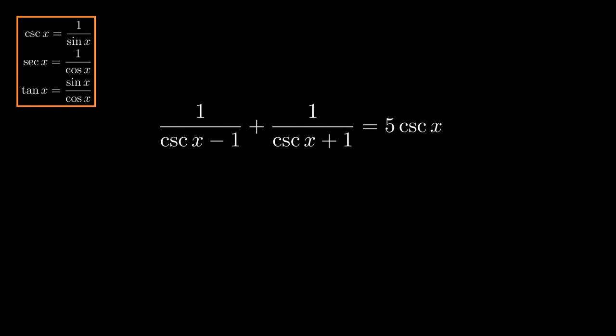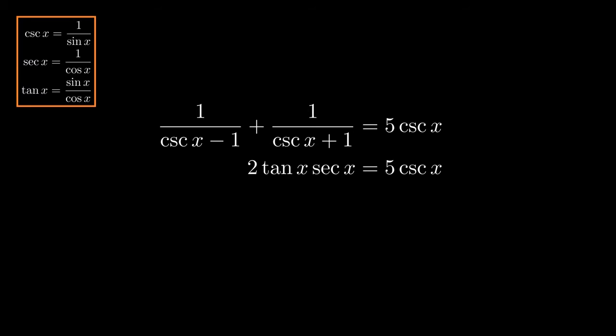So I'm going to just repeat some of the identities that we're going to use here. Tuck them away in our little orange box. Okay, here's the equation that we need to solve. So that's the result from A. So that's how we're going to write the left-hand side. Now you can see this is kind of going backwards from some of the stuff we just did.